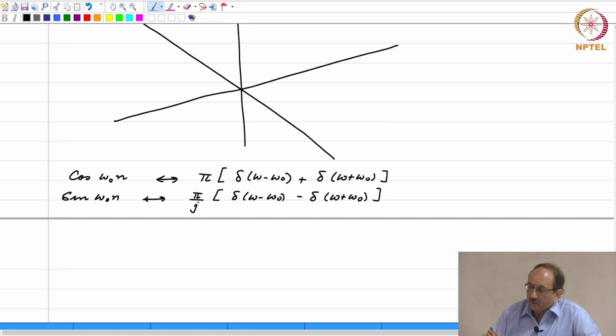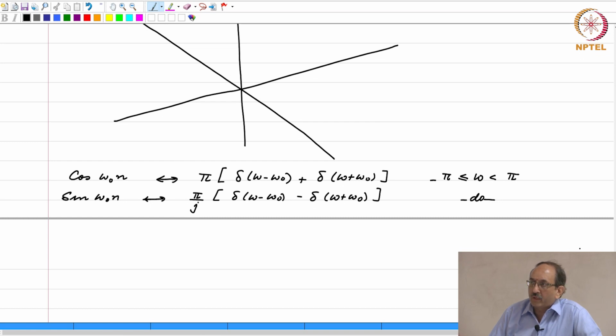Therefore, what do you need to qualify this with to make sure that it is the DTFT? You have to specify the range over which this is valid. So, this is between this. Note that in the case like a to the n u of n, its DTFT is 1 by 1 minus a e to the minus j omega.